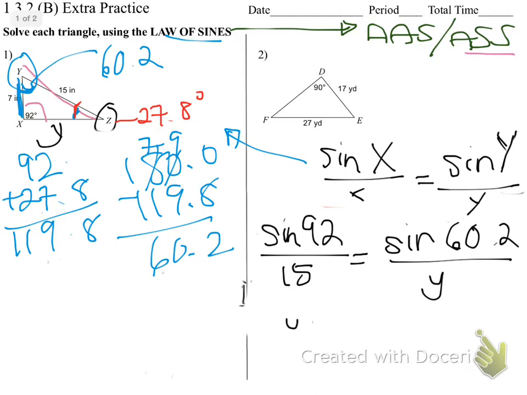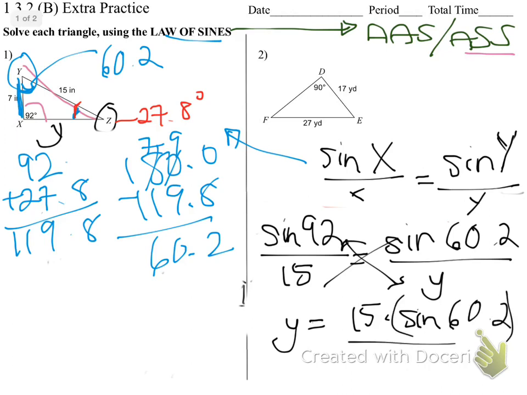Okay, then for y, all you have to do is switch these, and do some cross multiplication. So y equals 15 times sine of 60.2 divided by sine of 92 degrees.